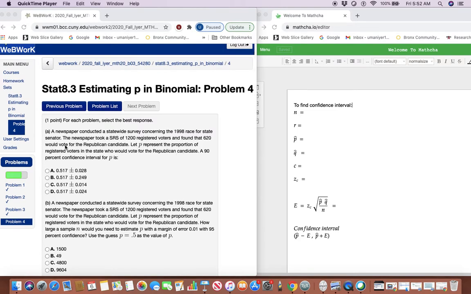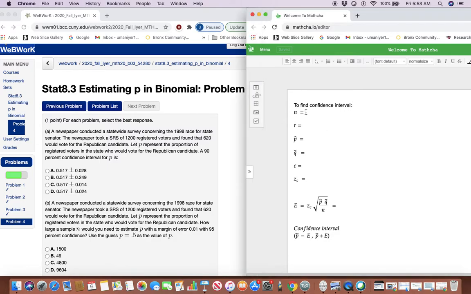My population is very large. What is the population? All the registered voters in the state, but we are taking a sample of 1200 registered voters. So N is 1200. What is the success? Success is voting for the Republican candidate. Out of 1200, 620 would vote for the Republican candidate.